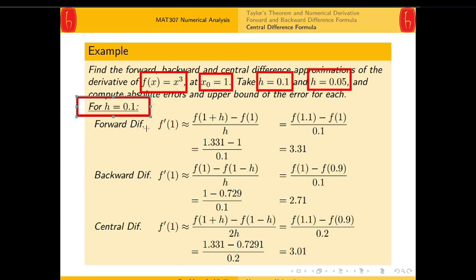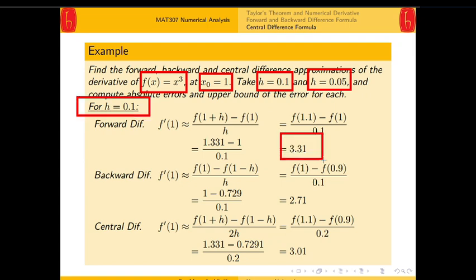Then the forward difference formula will be like the derivative value of f at 1 will be approximated by this formula. So if we substitute 0.1 for h, then this will be f of 1.1. If we take the cube of this number, then it will be this quantity, and 1 cubed will be 1, divided by h itself, so 0.1.